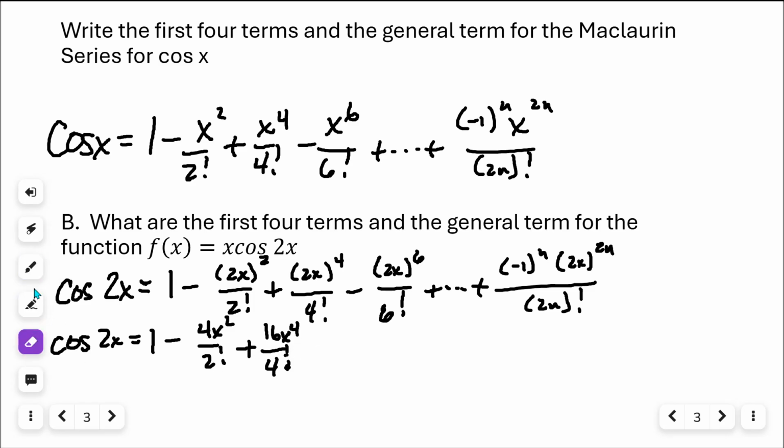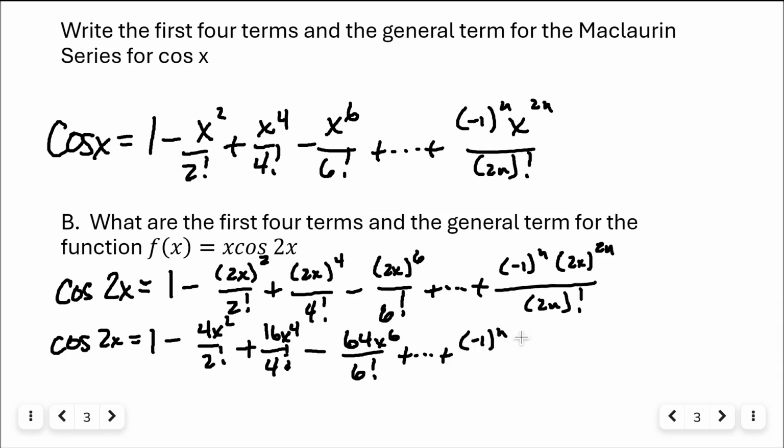So we're going to have minus then 2 to the 6th is 64, x to the 6th over 6 factorial, plus, that's going to be negative 1 to the n, 2 to the 2n times x to the 2n over 2n factorial. All right, so that takes care of that.